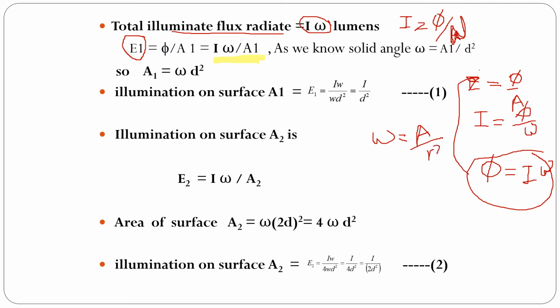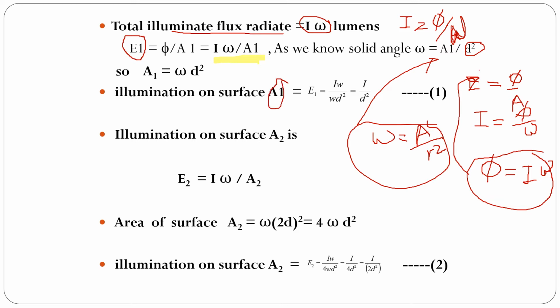Our formula is area upon r square. So for this, we put omega is equal to A1 by d square, because here we consider d, the distance from the point source to that particular area. Now the illumination on the surface A1 is E1.